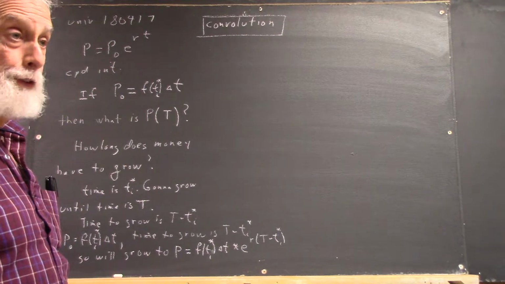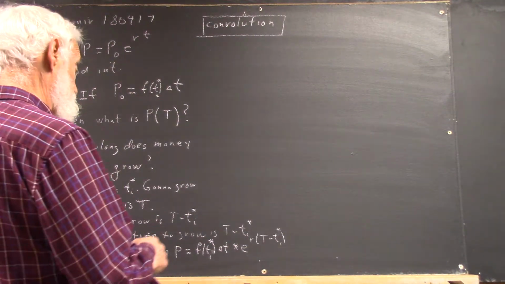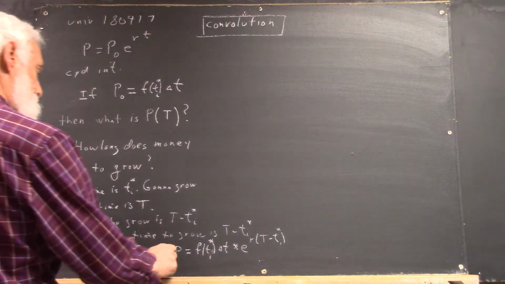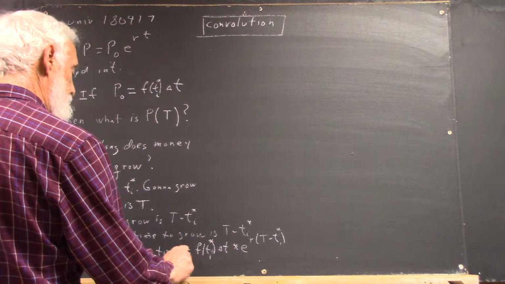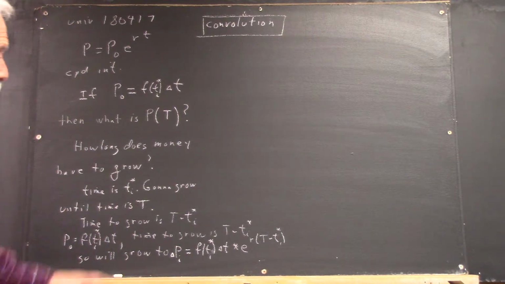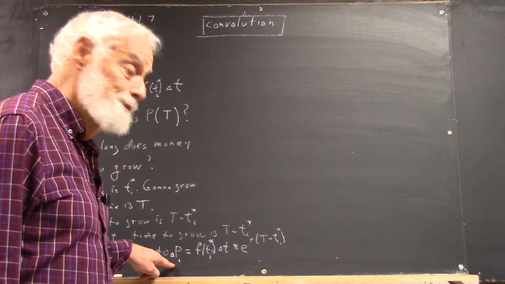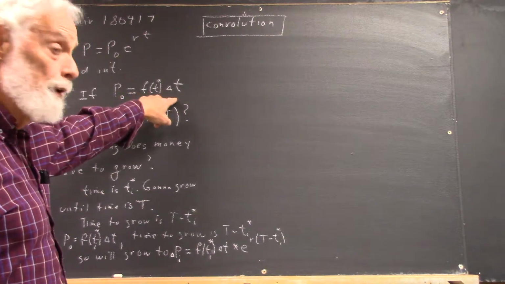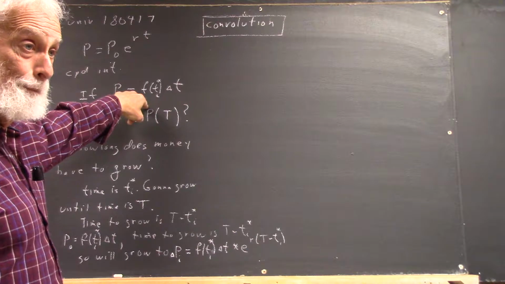Now, if we sum this amount up, and we'll call this now delta p sub i. This is a contribution to your final principal of this, the money that flows in during some small time increment at time t sub i star. Okay?